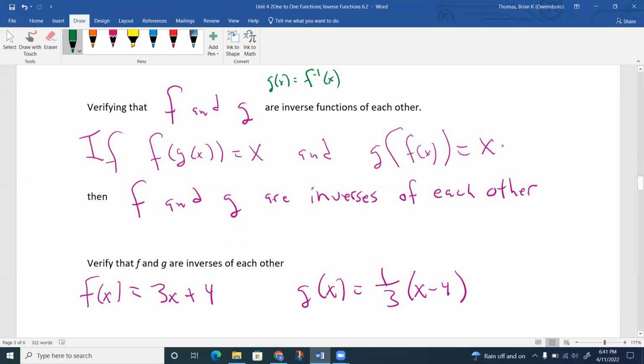So a lot of times we're going to say f is a function and we're going to say g is its inverse. Now, for this to hold true, f of g of x has to equal x and g of f of x equals x. If that does not happen, then f and g are not inverses of each other. But if both f of g of x equals x and g of f of x equals x, that does prove that these two functions are inverses of each other.